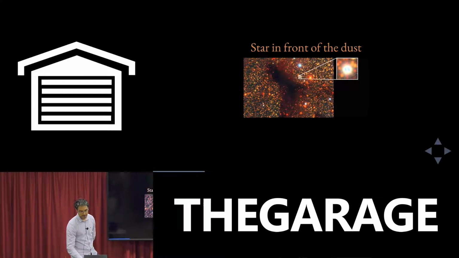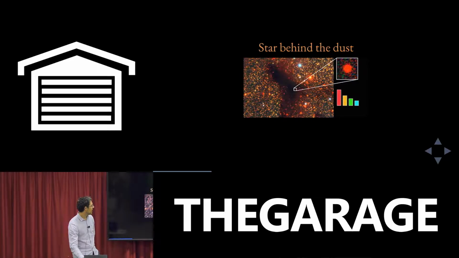These dust clouds really change how stars appear. So this is a star that I'm going to just assert is in front of the dust, and you can measure how bright it is through a couple different filters, so a couple different wavelengths. Now let's take another star, and let's assume that these are the same types of star, just for the sake of argument. And you can see it's much redder, and all the filters are going down.